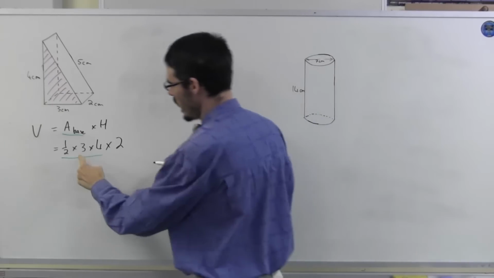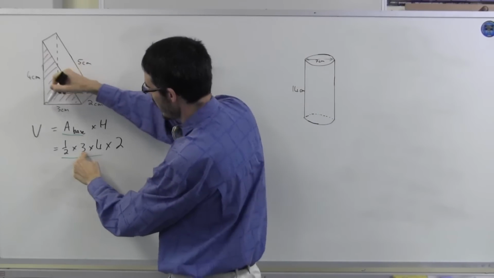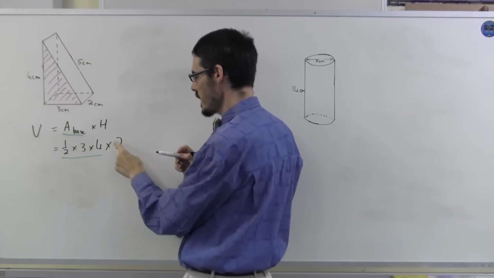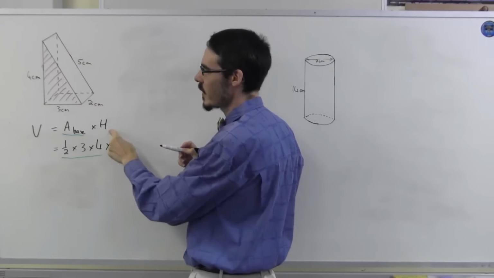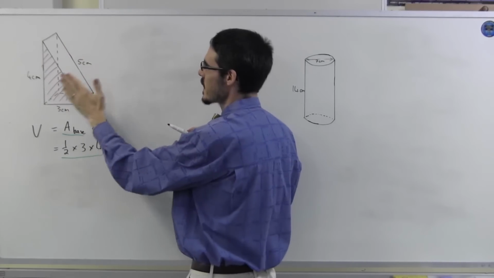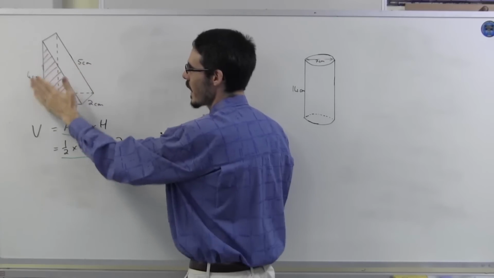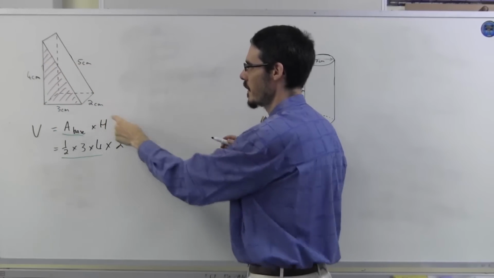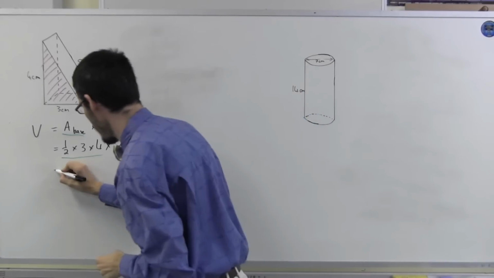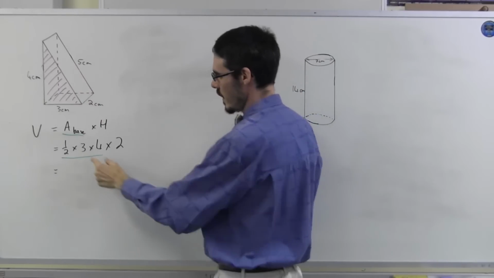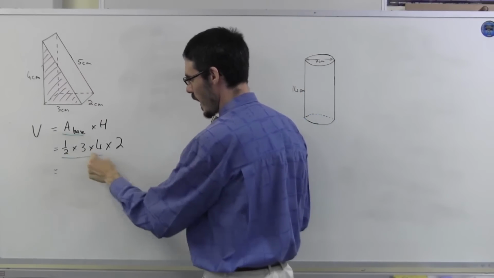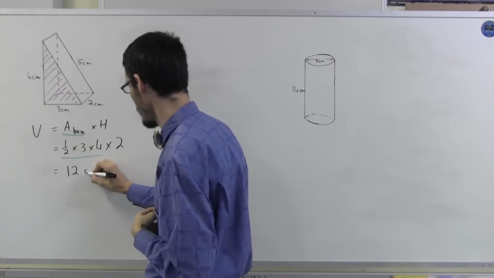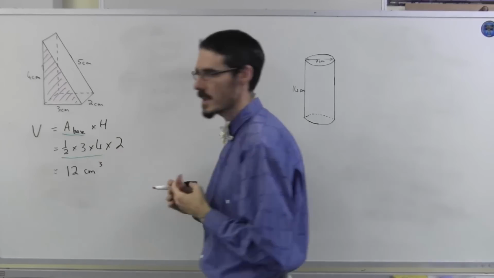But be careful, this is the base of the triangle, this is the height of the triangle, and this is the height of the prism, which is the distance into the page, perpendicular to that triangle on the front, which is 2. Okay, I can probably do this one in my head. That's 12, so that's 6 times 2 is 12. 12 what? Cubic centimetres.